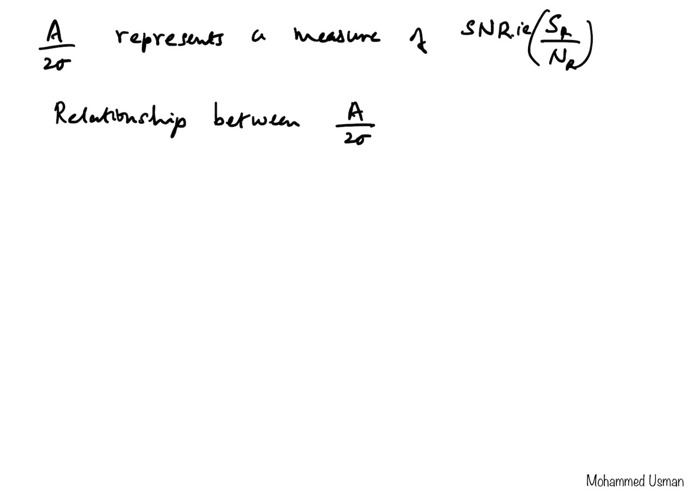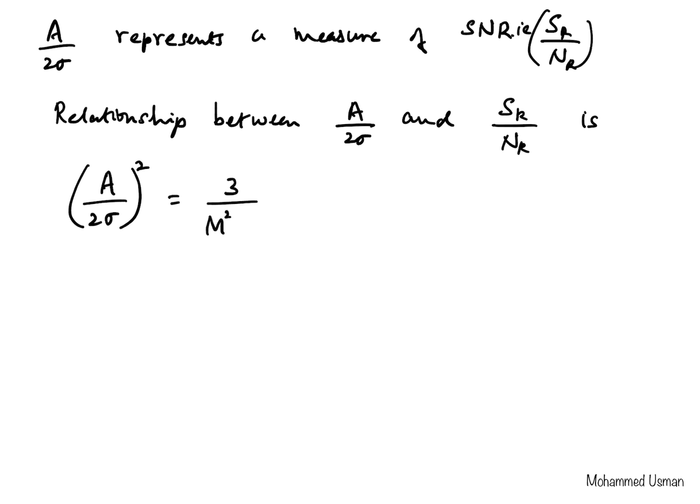The relationship between A by 2 sigma and SR upon NR is as follows. A by 2 sigma, the whole square, is equal to 3 by M square minus 1, times 1 by R tau equivalent, where R is the symbol rate, not the bit rate.